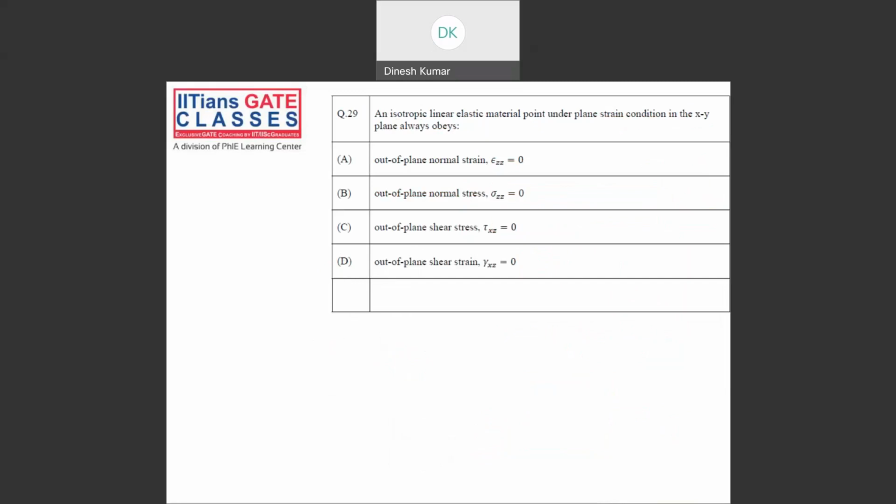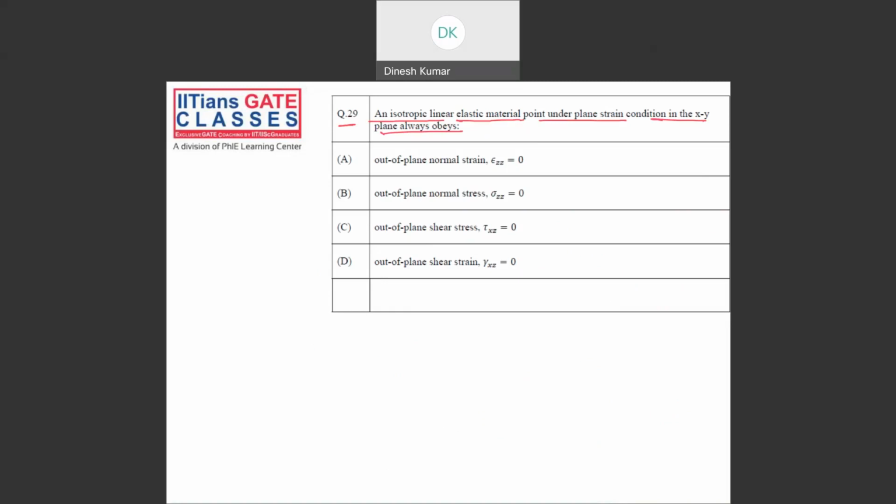And now look into this question number 29, guys. An isotropic linear elastic material point under plane strain condition in XY plane always obeys. So these questions can be repetitive from earlier years, like from 2008 or 2009.